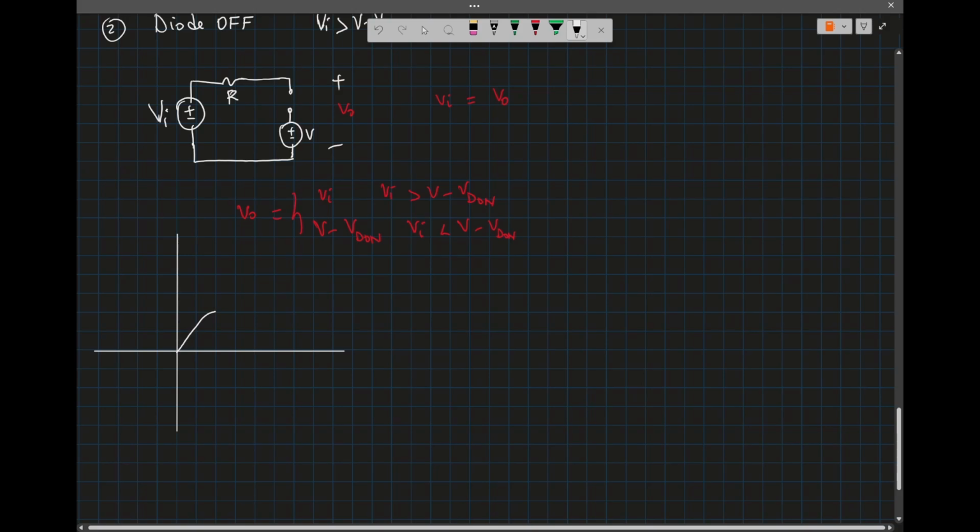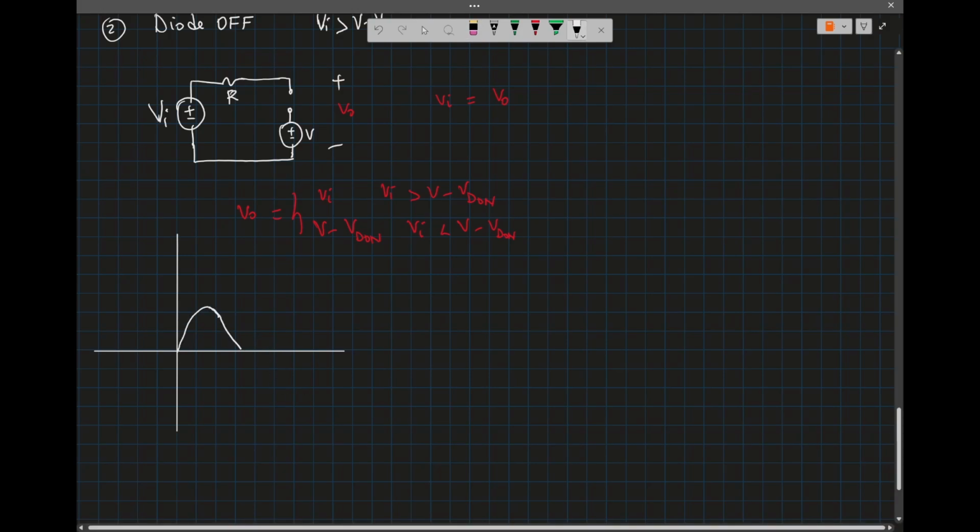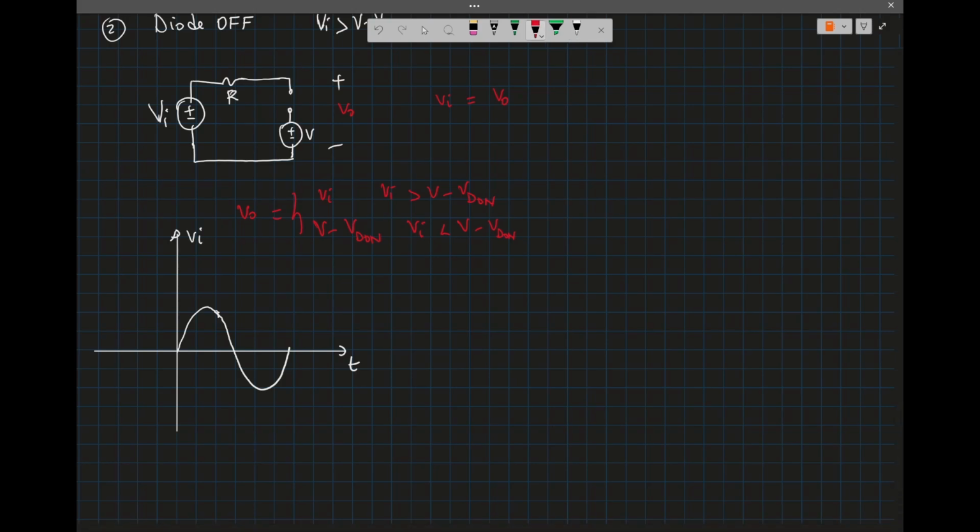So the input voltage is this. The sine wave doesn't look good, but let's see. This is VI. Now V minus VD1 will be somewhere here.